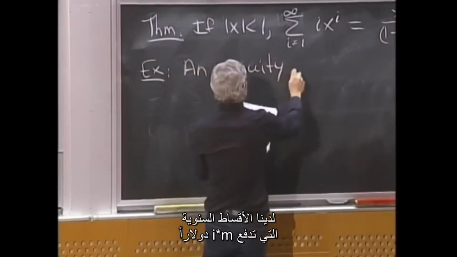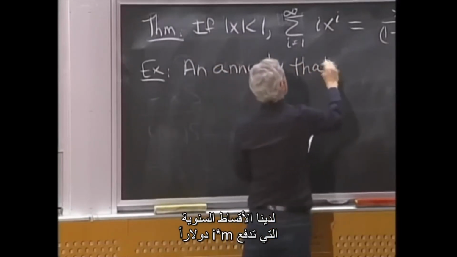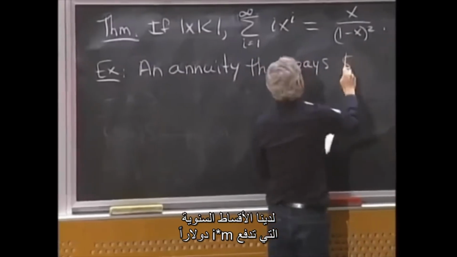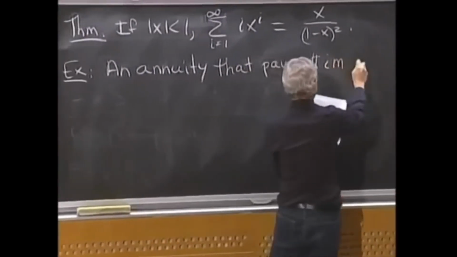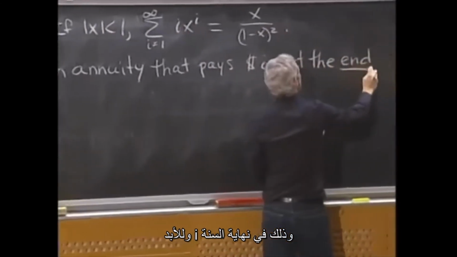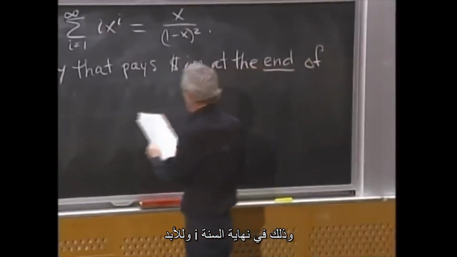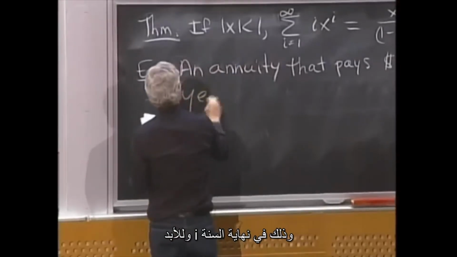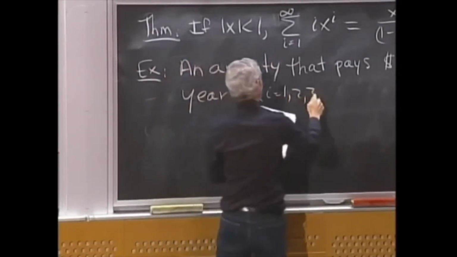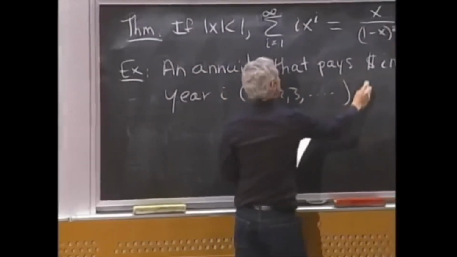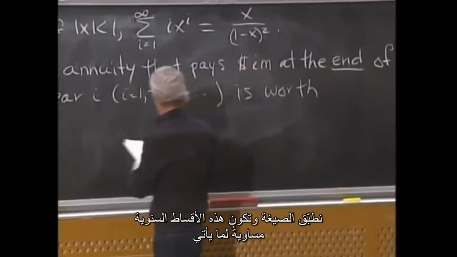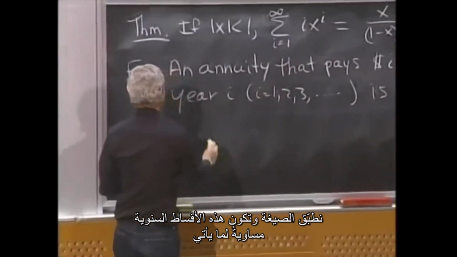So you can think of this as, again, an annuity. Here, the annuity pays $im at the end, not the beginning, say, of year i, forever. This annuity is worth, well, we just plug into the formula.